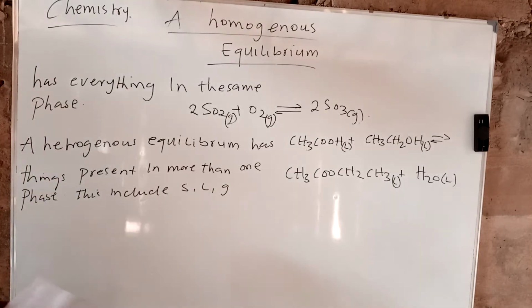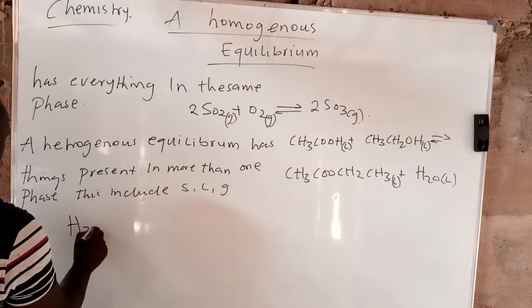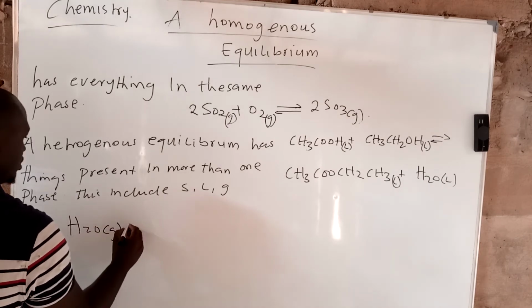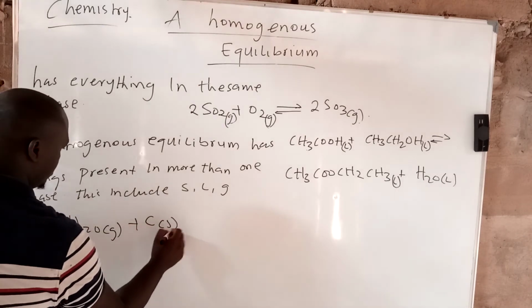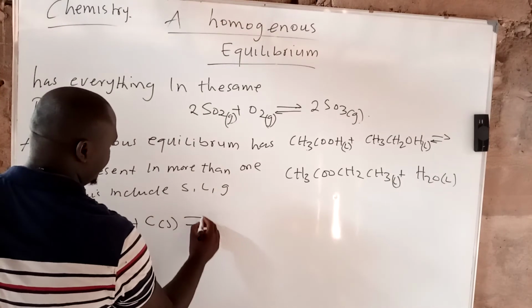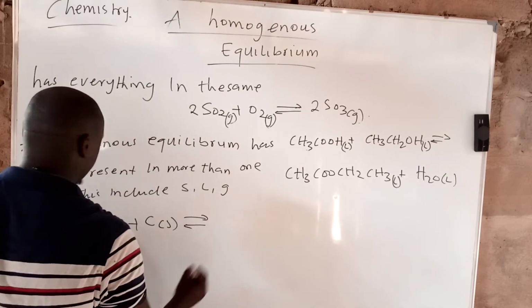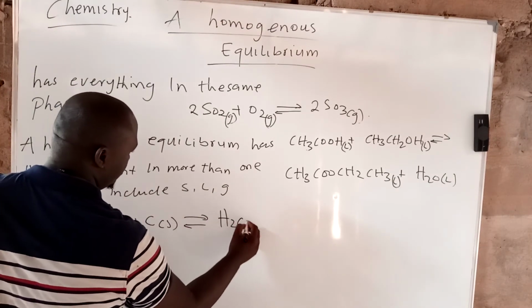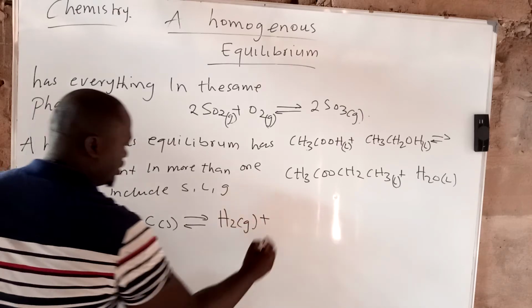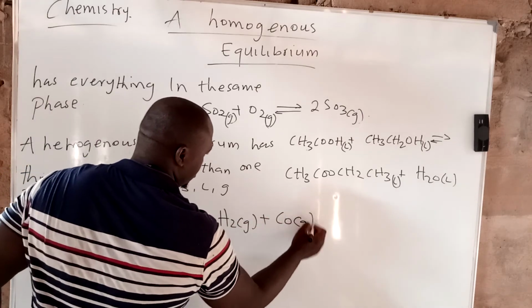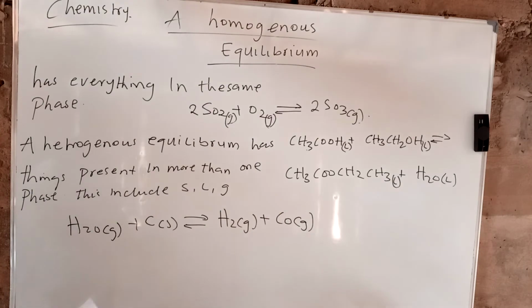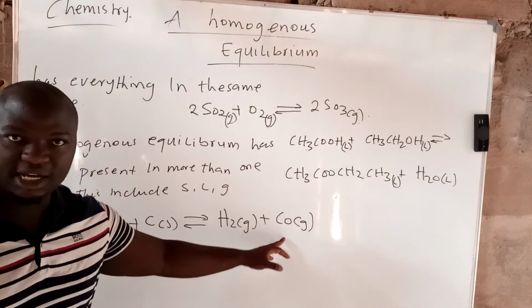An example of a heterogeneous equilibrium is water plus carbon, in equilibrium with hydrogen plus CO. Remember, this is carbon monoxide, in gaseous state.